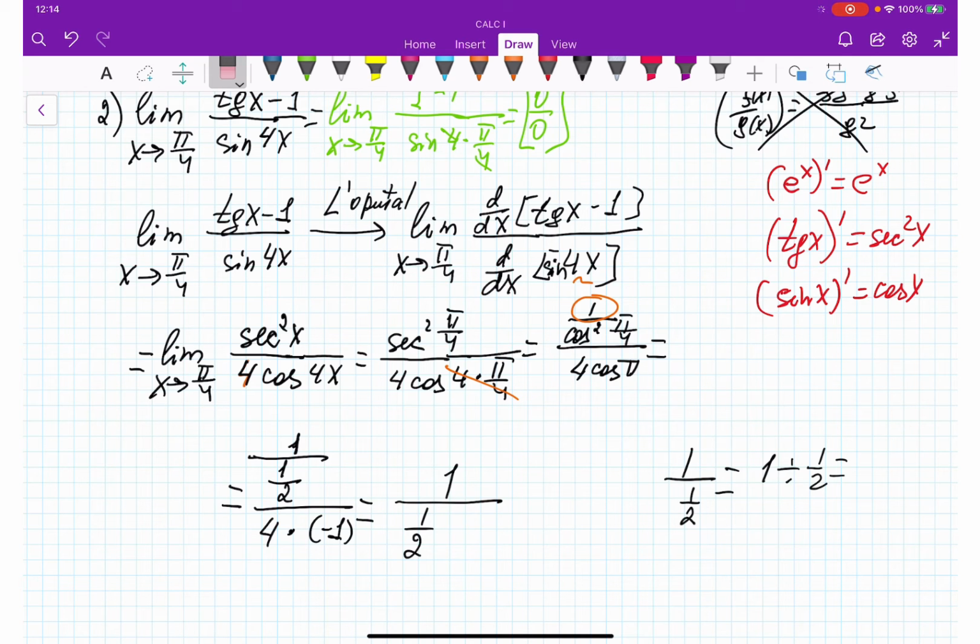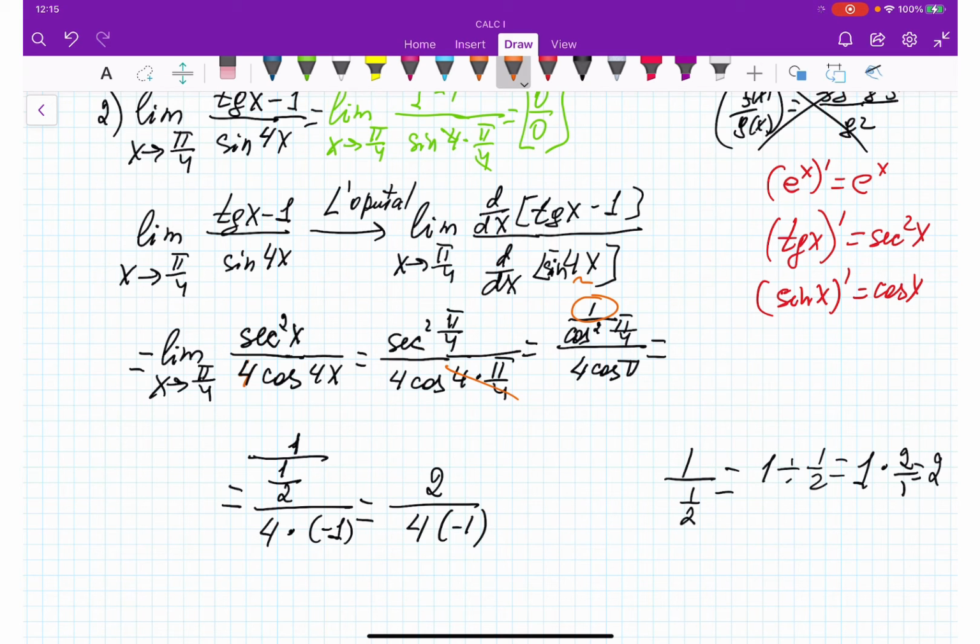Okay. I'm trying to jump, but then I'm coming back and changing my mind. 2 over 1 is equal to, so it's going to be 2. So not to jump, let me write down here, this is going to be 2. And at the bottom I have 4 times -1.